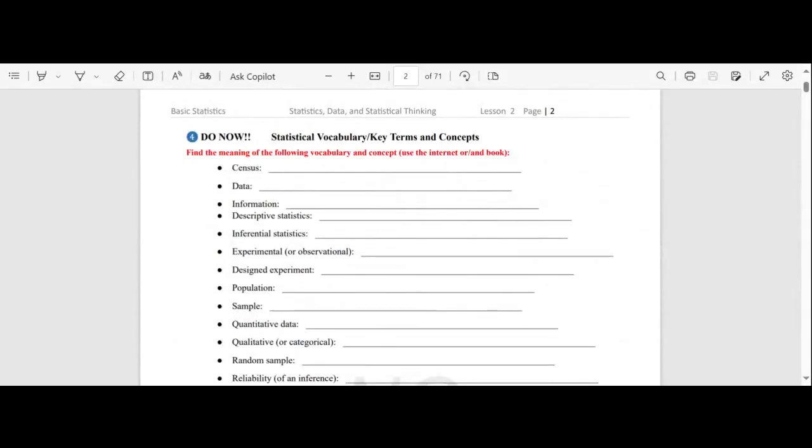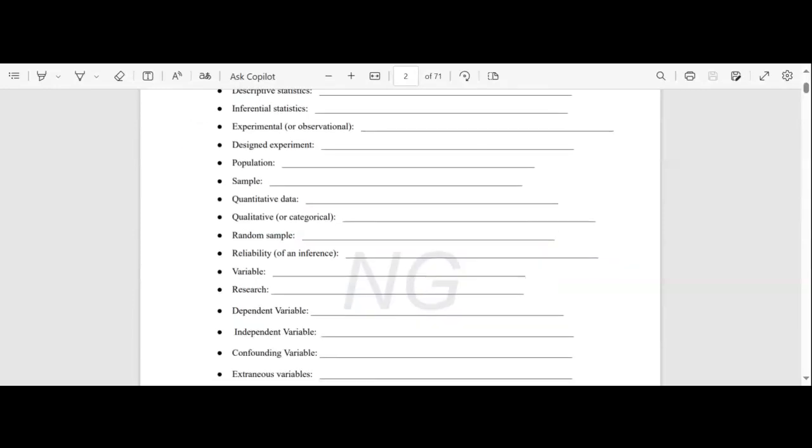So here we have census, data, information, descriptive statistics, inferential statistics, experimental or observational, design experiment, population, sample, quantitative data, qualitative, random sample, reliability, variable, research, dependent variable, independent variable, confounding variable, extraneous variable, sampling errors, non-sampling errors, ethics, bias, non-response bias, measurement error, ambiguous, abuses of statistics. Those are the vocabulary for that list.